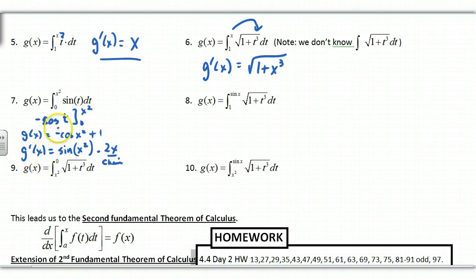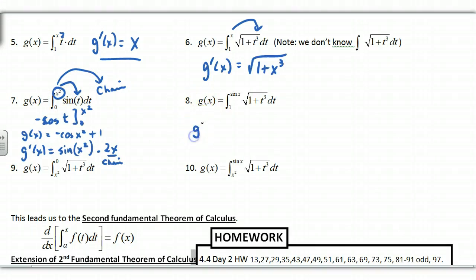So I plug this in, but I also need to chain, because my function in my limit is different than just a plain x. So what are we chaining off? Well, this is the thing that we chain off, the upper limit, whatever function that is.